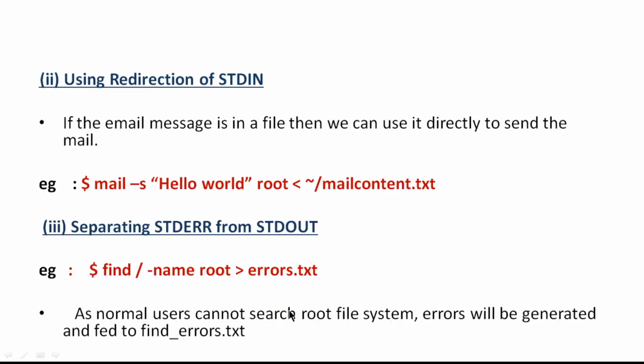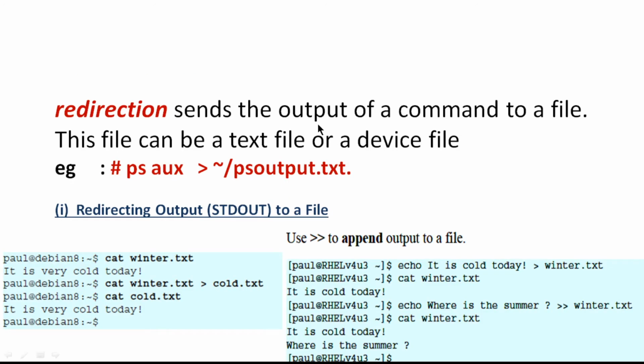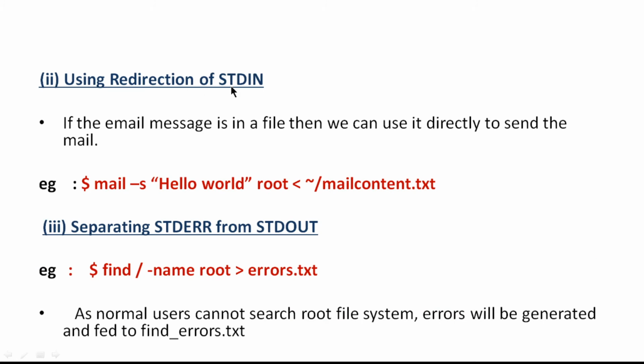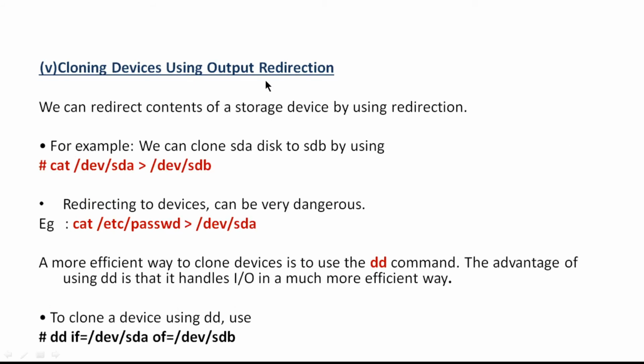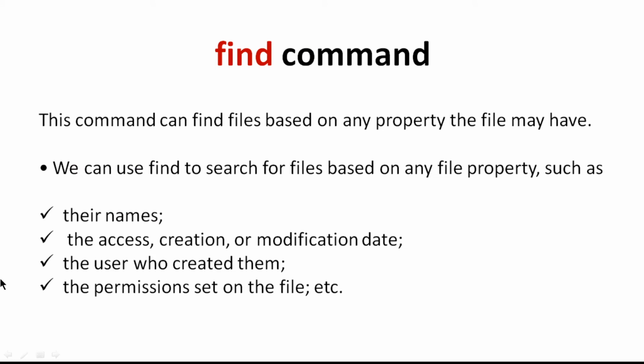So these are the various ways of redirecting your output. Either redirect output to a file, or use redirection of stdin, or separate stderr from stdout, or redirect output to a device file, or clone a device using output redirection.